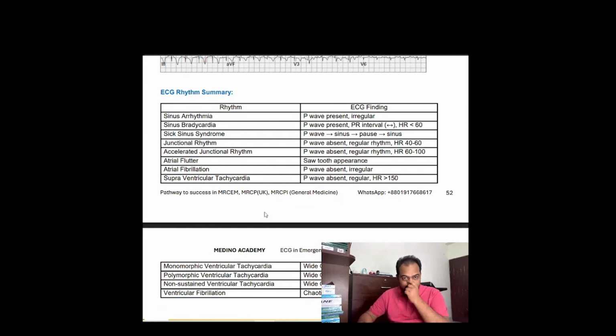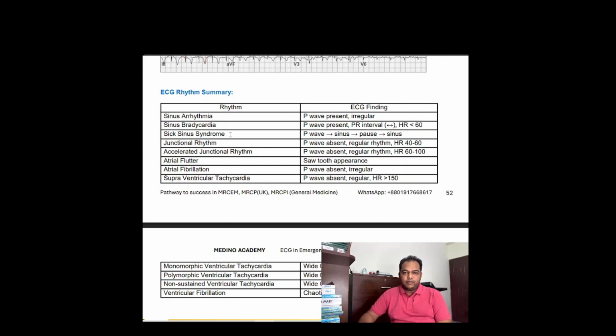Now the summary of our today's presentation. What is sinus arrhythmia? In case of sinus arrhythmia, P wave is present but irregular. In case of sinus bradycardia, P wave is present but heart rate is less than 60.